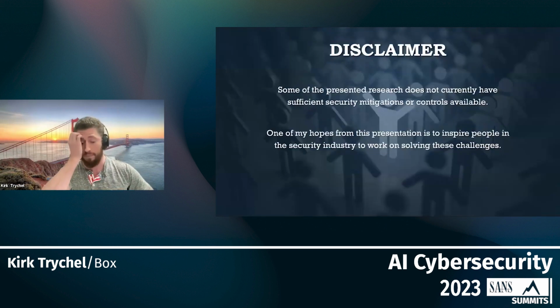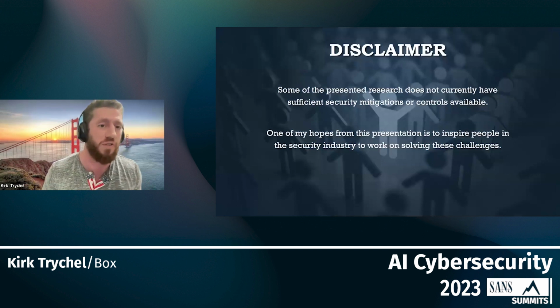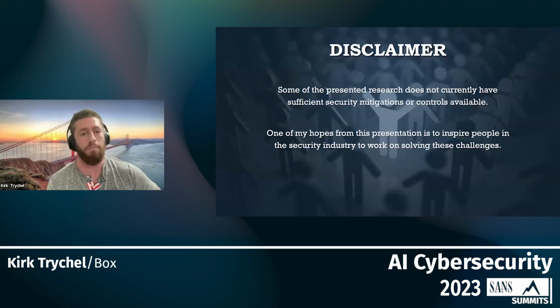So my disclaimer. Typically when I have research to present, in the past, I did a lot of cloud research and a lot of endpoint research and things like this. And typically when I have research to present, the idea is that you want to reach out to the vendor, make sure that they've had a chance to develop a patch, maybe help them with information on developing the patch, make sure that they've had a chance to roll out the fix, and then you can take it public.